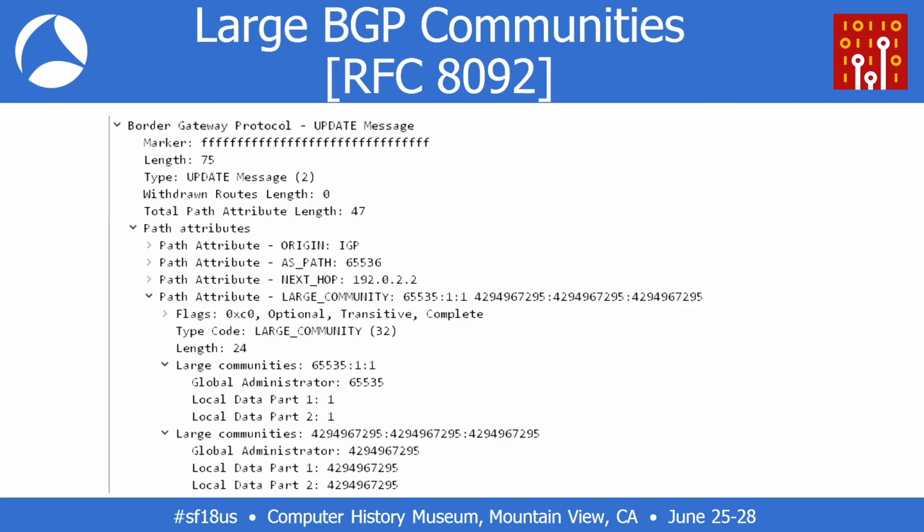So the large BGP communities are defined in another RFC, and you see it here, local data part 1 and 2. And also this number here, 2 to the power of 32. For me, I can always calculate 2 to the power of 16, but 2 to the power of 32 is always hard for me to remember.